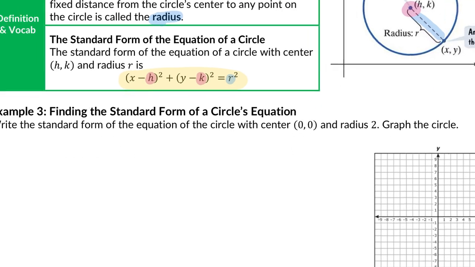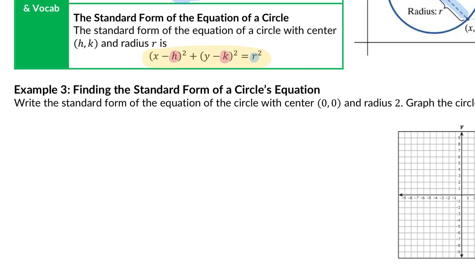Okay, for example 3, we're going to write the standard form of the equation of a circle with center at 0, 0 and radius of 2. Now, this is important information. We have a center of the circle at 0, 0, and we have a radius of 2, which means that our h comma k is 0, 0, and our r is 2.